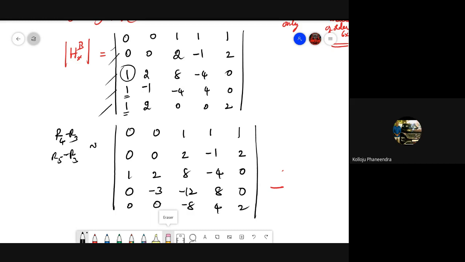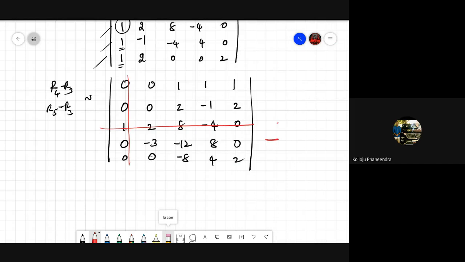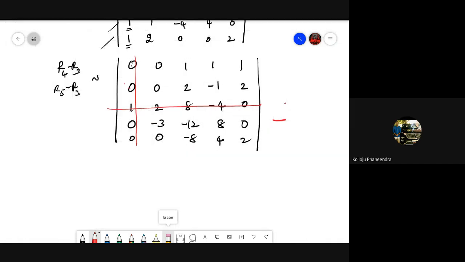Right? Now I have to evaluate with this 1. And what is the plus minus sign? Plus, plus, minus, plus.